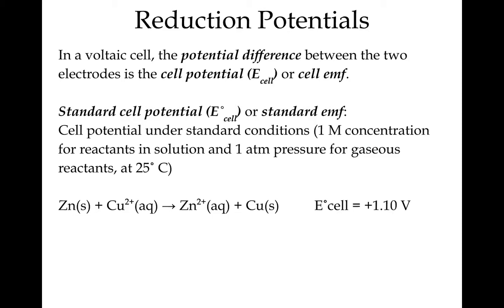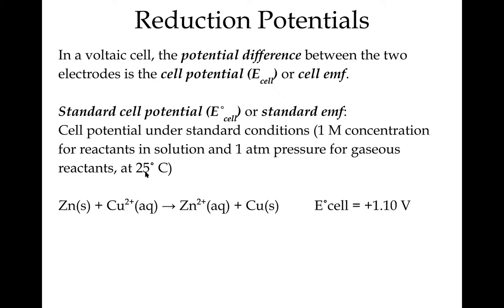When the E cell or the EMF are at standard conditions, we call them standard cell potential or standard EMF. So what are these standard conditions? Well, the same standard conditions we usually talk about. One molarity concentration for reactants in solution, 1 atmosphere for gaseous reactions, and all of it is going to be at 25 degrees Celsius.